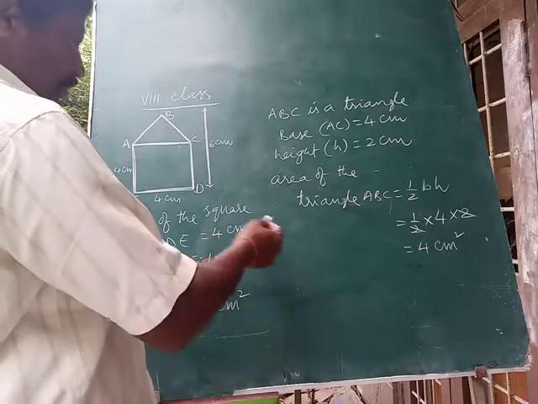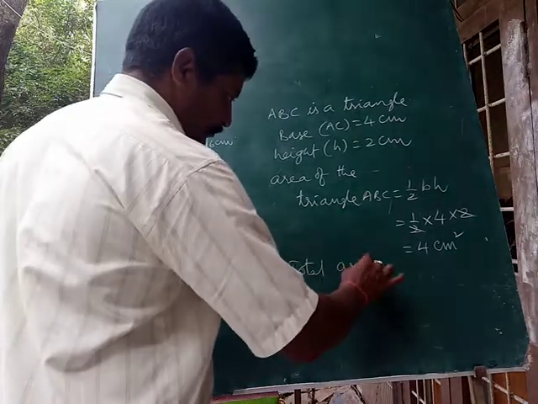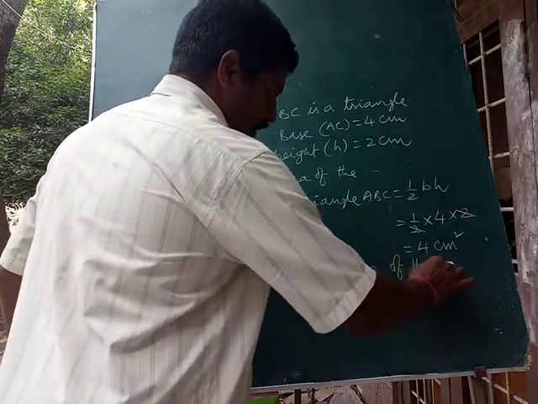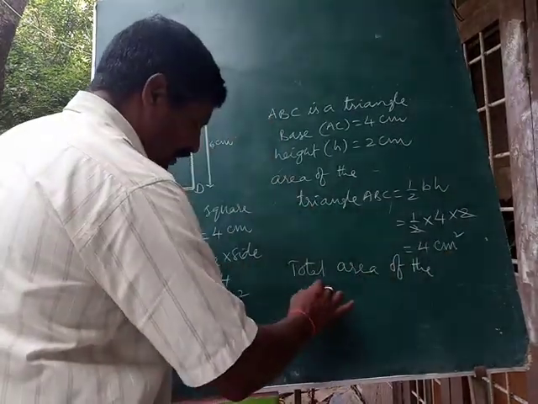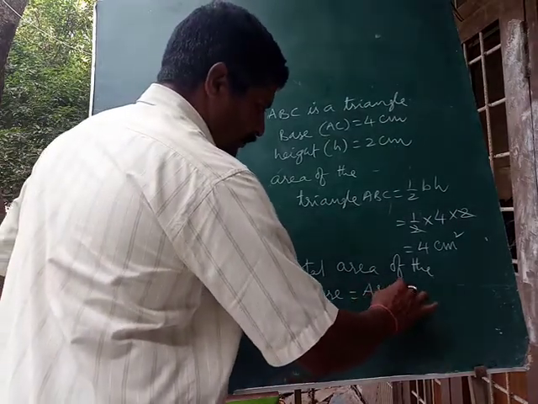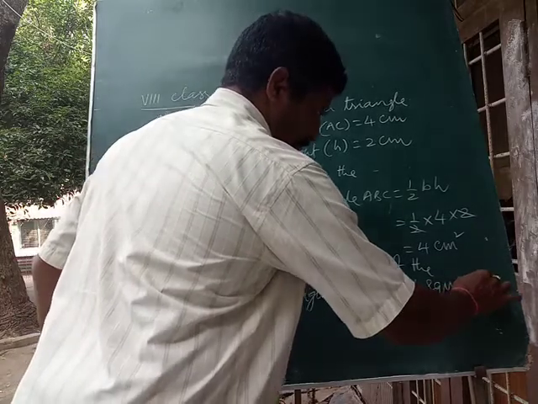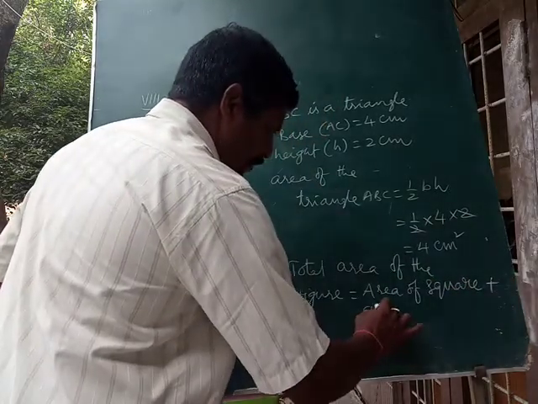Okay, now total area of the figure. Total area of the figure is equal to area of square plus area of triangle.